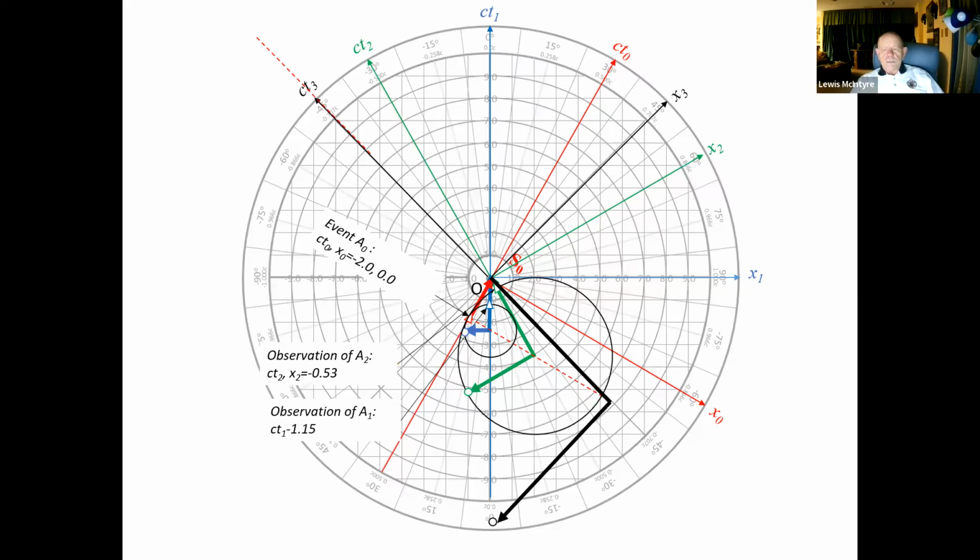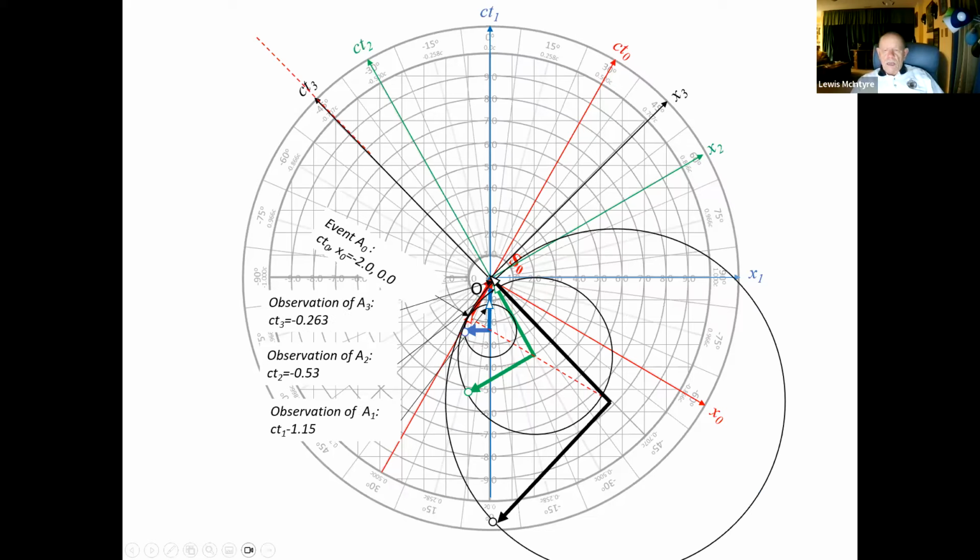The time of observation becomes later with increasing velocity with S2, asymptotically approaching zero as velocity tends toward the speed of light, as in S3.